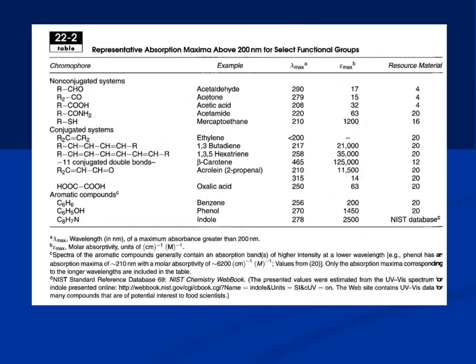Conjugated systems, as you go along, some of them are above 300, but again, if you don't have enough conjugation, like with benzene, they are colorless, they don't show colors.